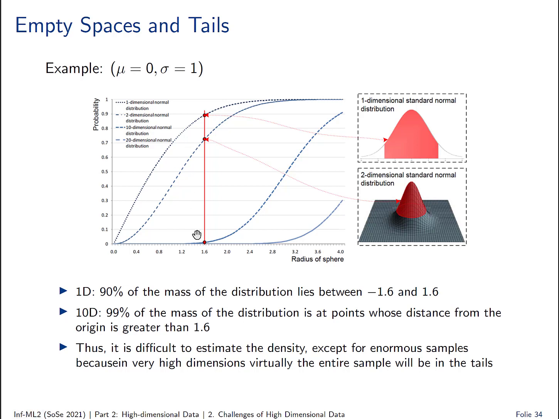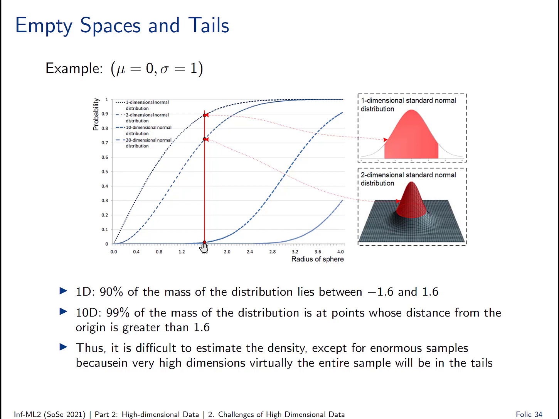In 10 dimensions, which is down here, 99% of the mass of the distribution is at points whose distance from the origin is greater than 1.6. So in that case, most of the mass is around here, which is the mean. This is distance 0 to the mean. This is distance 1.6 to the mean.